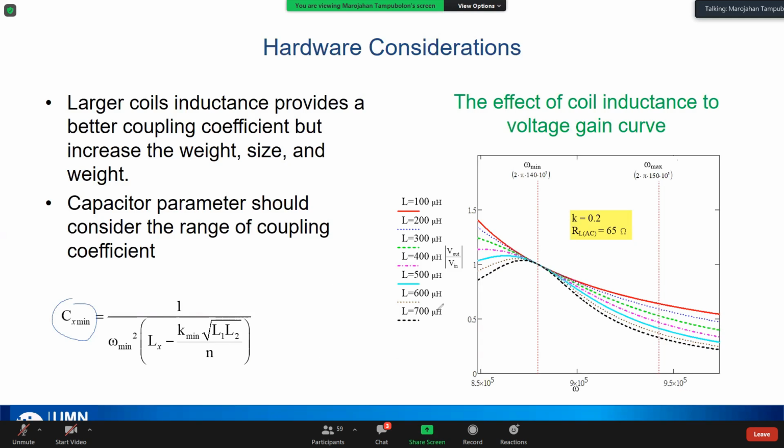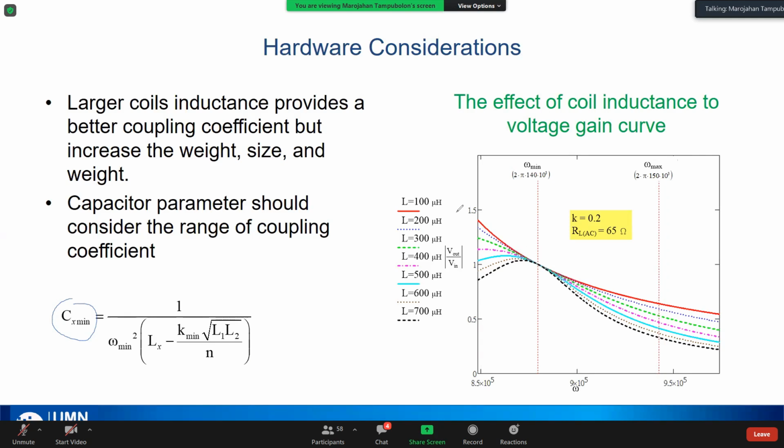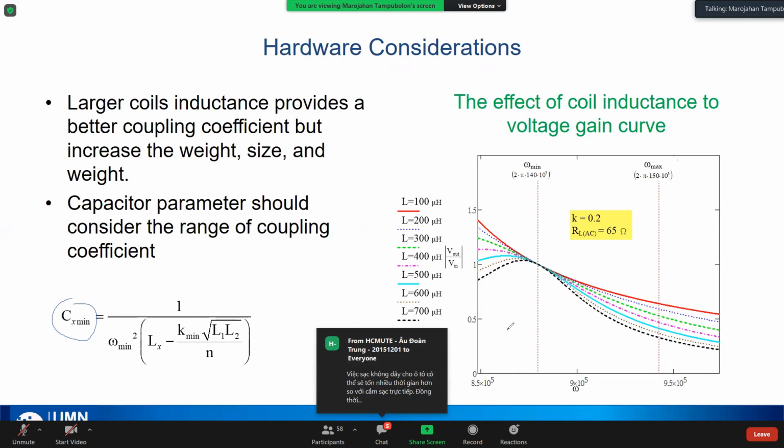So this is an example of the gain plot here. I have a lot of lines here that show the effect of the self-inductance. So here we also need to consider how much coil inductance we need when we design the system.